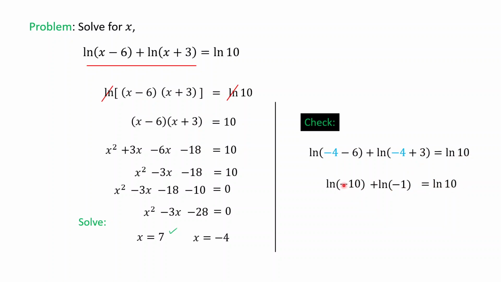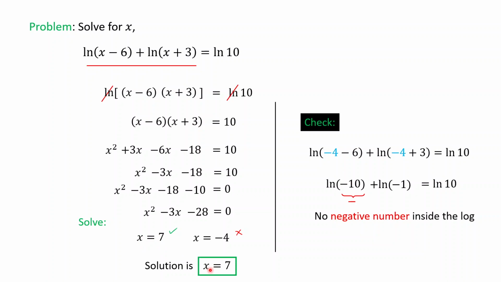So here there is a negative number inside the logarithm. You cannot have a negative number inside the log. So this is not a valid solution. So the only solution is x is equal to 7. This is the solution to this equation.